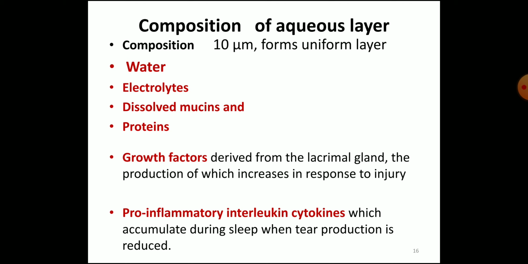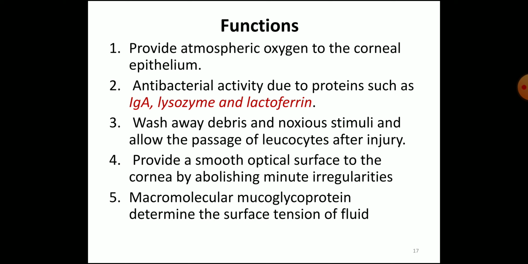Then pro-inflammatory interleukin cytokines, which accumulate during sleep when tear production is reduced. So there will be growth factors and pro-inflammatory interleukin cytokines apart from the other components like water, electrolytes, dissolved mucins, and proteins.